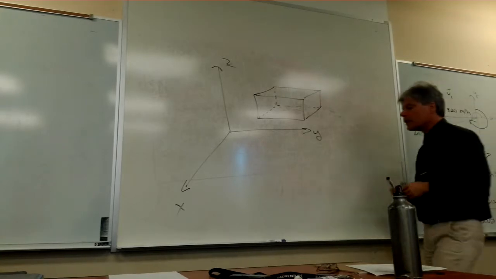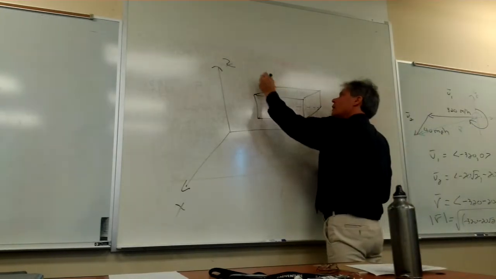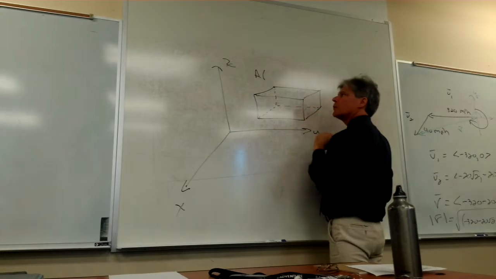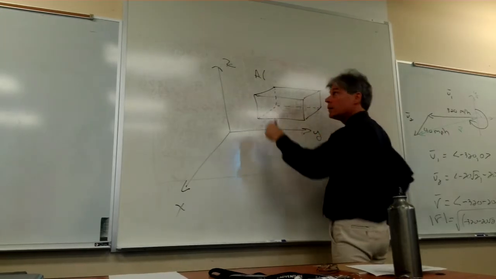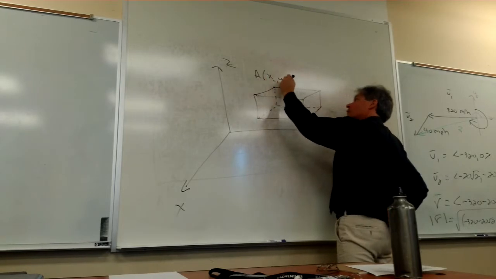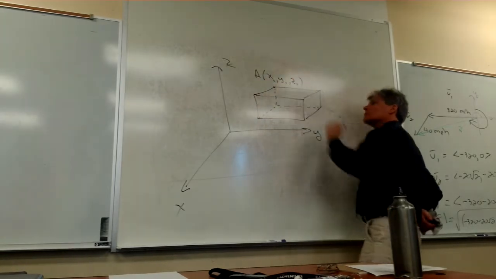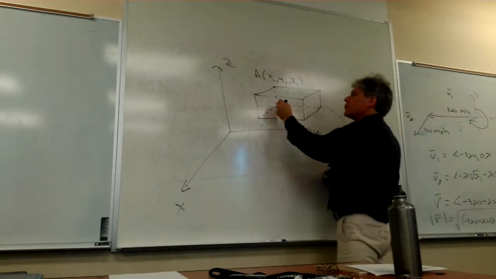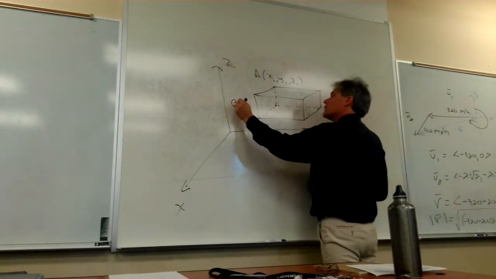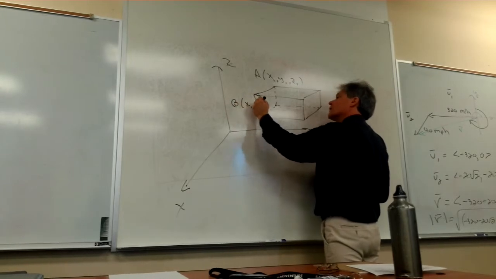And if this is a rectangular solid, let me talk about this point right here. I'll label it as A. And let's just go with coordinates, I don't want to be specific. Can I call it x1, y1, z1? You guys help me with this. If I label this point B right here, aren't its coordinates clearly going to be the same?